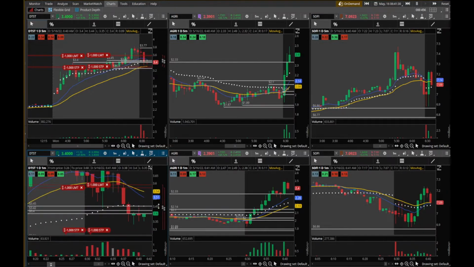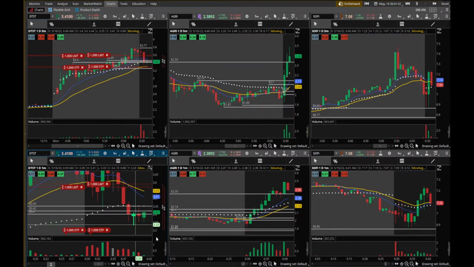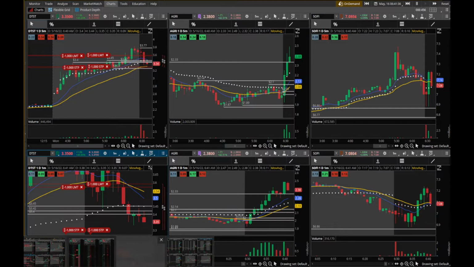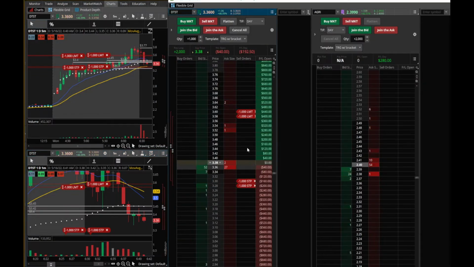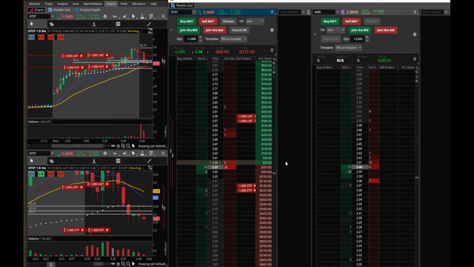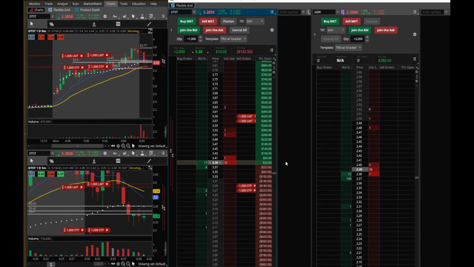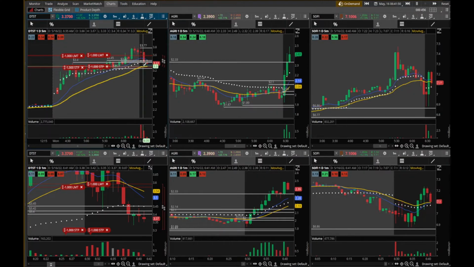But we'll see if we can hold this low. The low of that 5-minute candle.